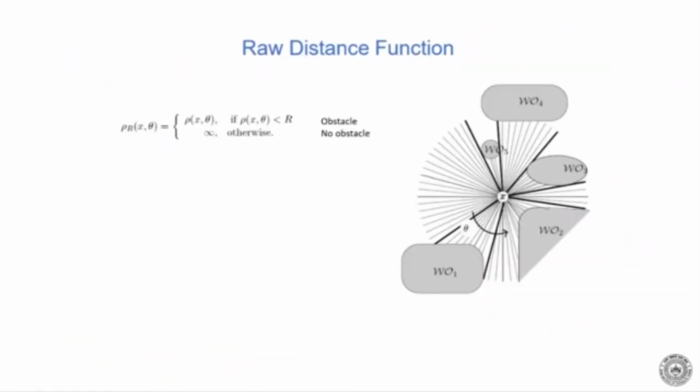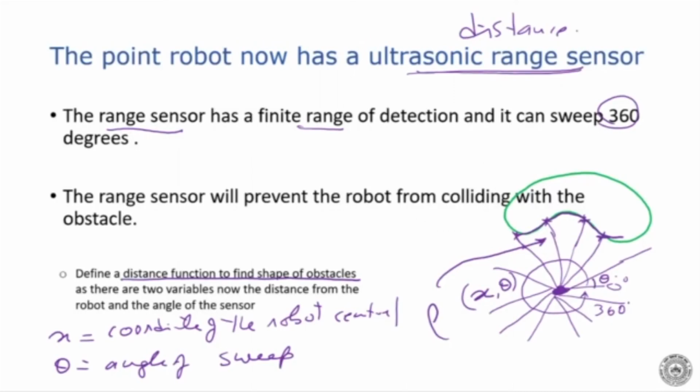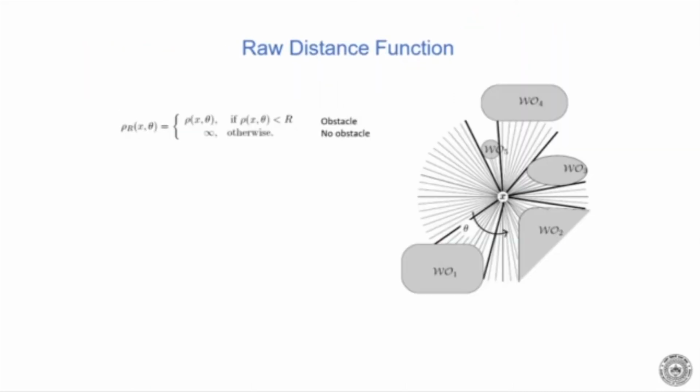Next, let's look at the raw distance function that we are getting. What is the objective here? The objective is to find out the shape of the obstacle. We are using this range sensor, which is going to give us the shape of the obstacle.